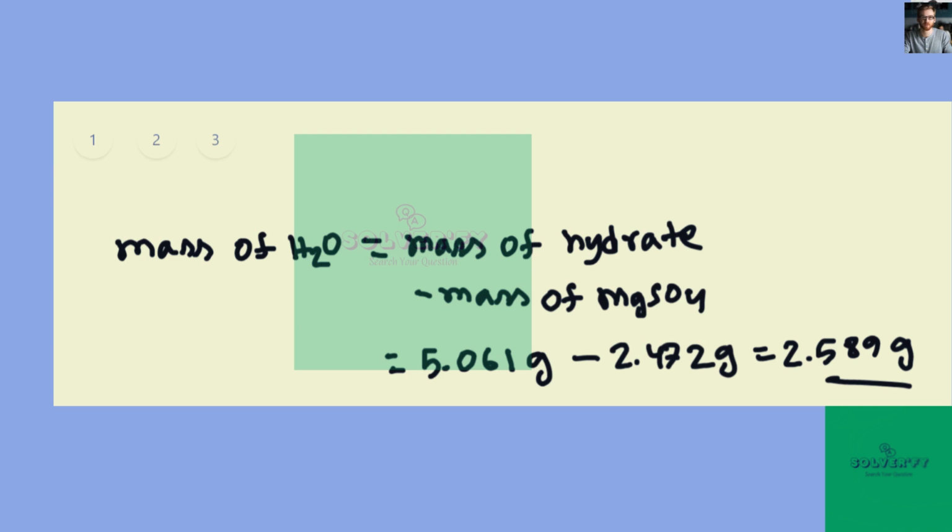So now we have found the mass of H2O, and this is our mass of magnesium sulfate. From these two we will find the number of moles of H2O and magnesium sulfate. Number of moles of H2O will be the mass of H2O over the molar mass of H2O.